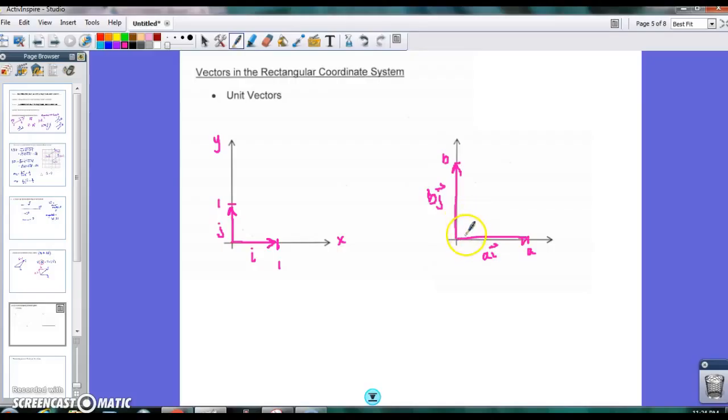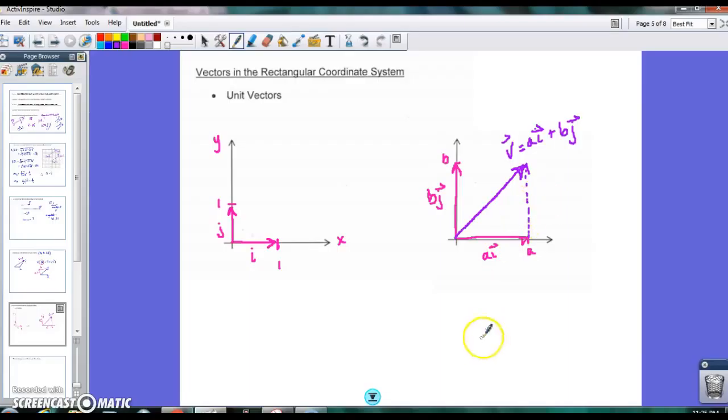And so the vector where these two meet, if I did my addition, just like we were doing before, tip to tail, if I move this bj over here and put that there, then my resultant would be this here, and that would be ai plus bj.